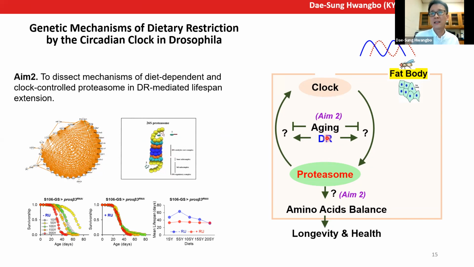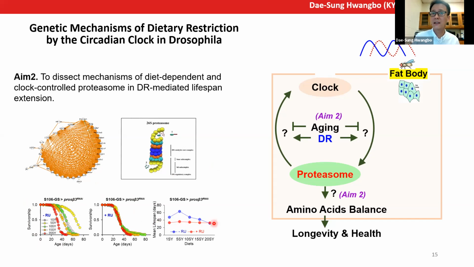So to understand that impact on lifespan, we knocked down some proteasome genes and measured the lifespan. As you can see, this is wild type. You see a nice dose-dependent lifespan modulation. Yet, if you knock down proteasome genes, then you don't really see a strong response.